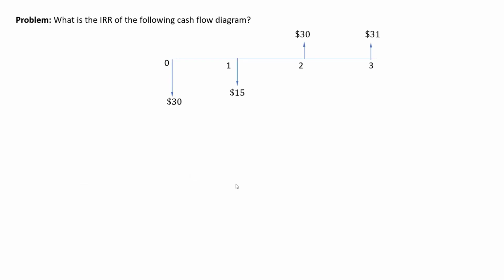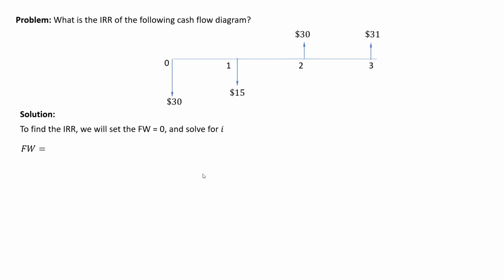Anyways, what's the IRR of the following cash flow diagram? Oh, nice, another nice simple problem. To not just get our feet wet, we already got our feet wet, so let's go into a little depth. Solution: to find the IRR, we'll set the future worth equal to 0 and solve for i.